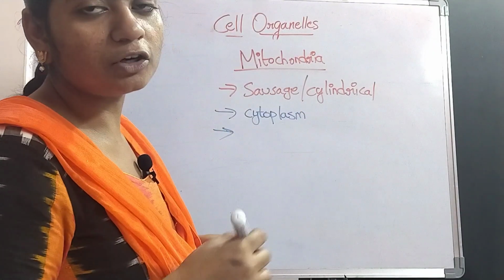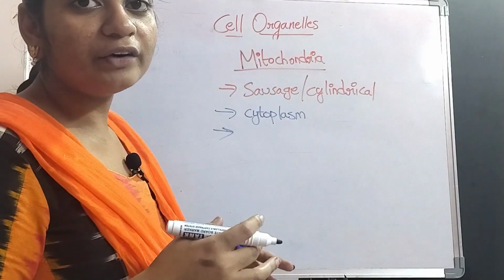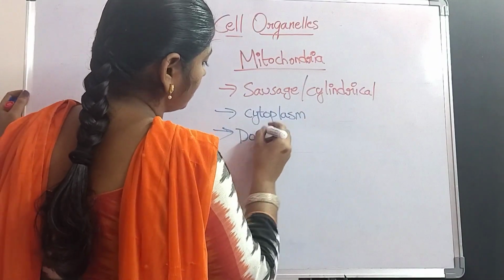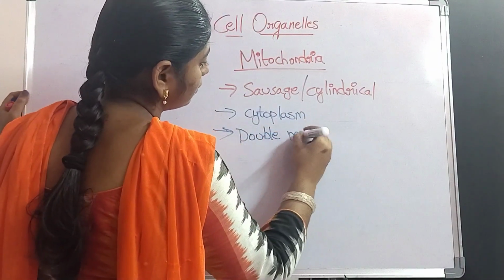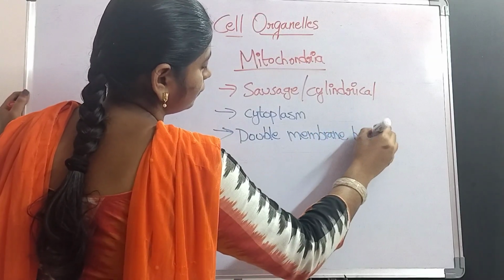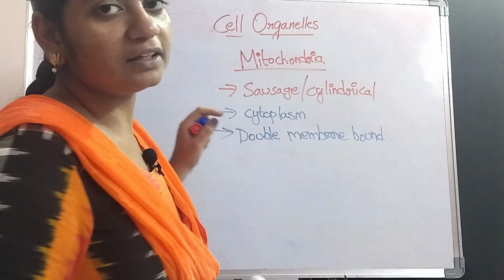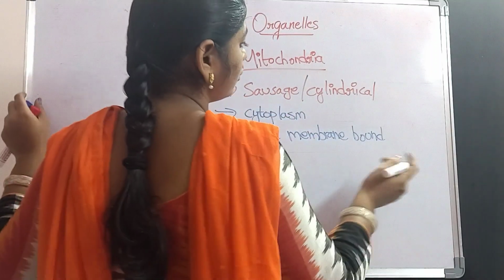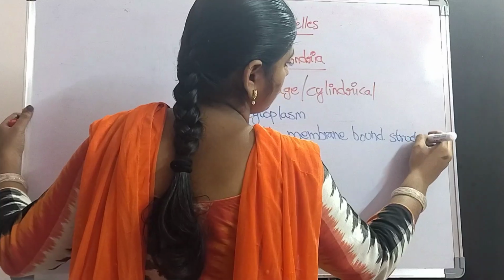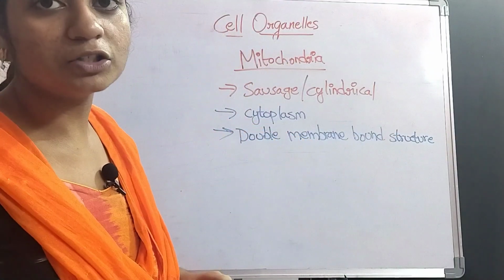Coming to the structure, the mitochondria is a double membrane bound structure, which means the mitochondria is surrounded by two membranes. So it is called a double membrane bound structure.